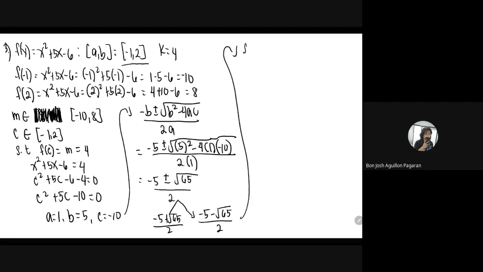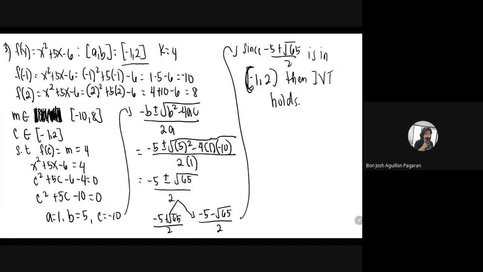And then, since negative 5 plus square root of 65 over 2 is in the interval, sorry, negative 1, 2, then IVT holds.